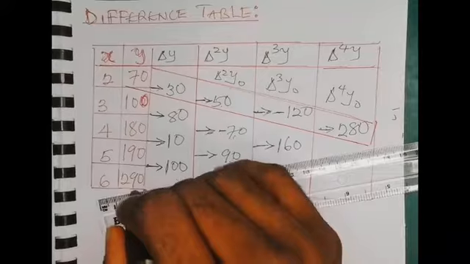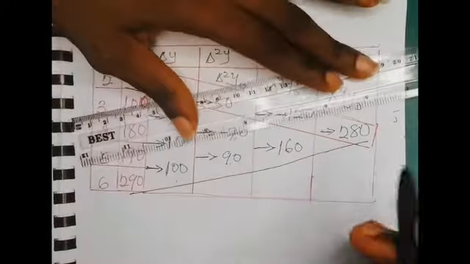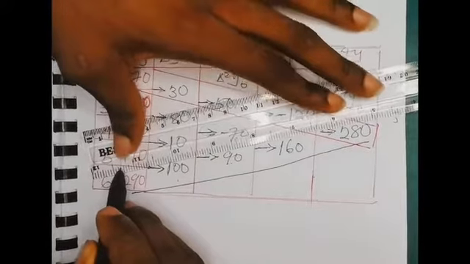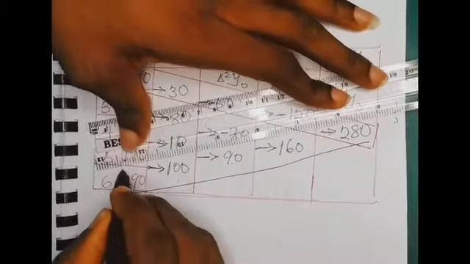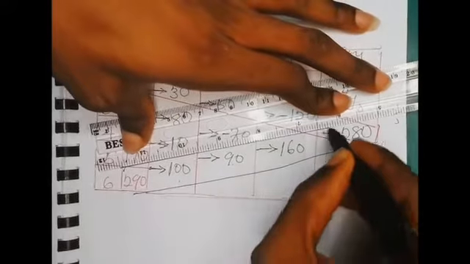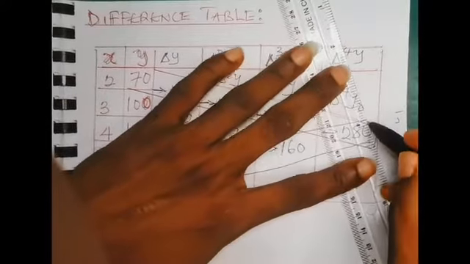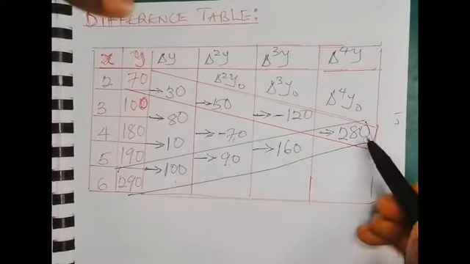From this point, this becomes our backward differences, including also the very last number.